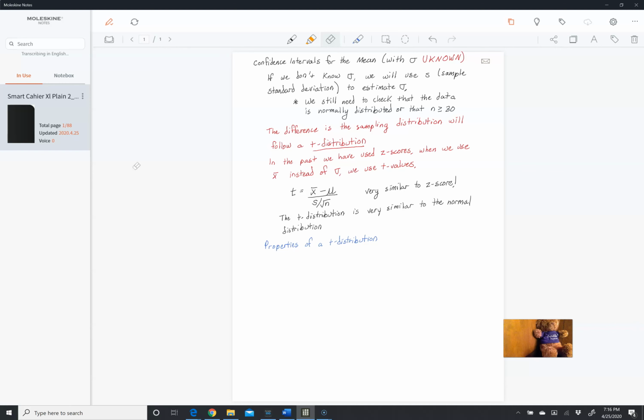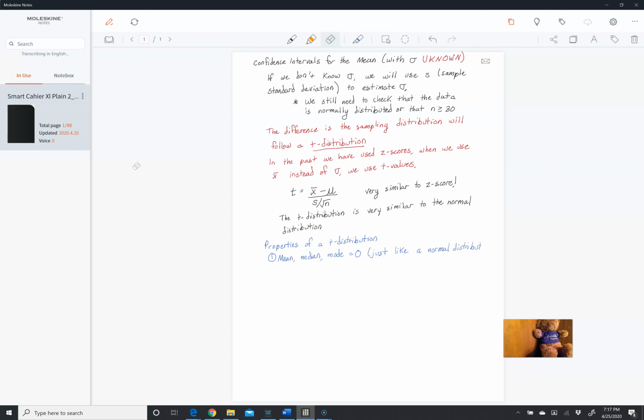So for example, the mean, median, and mode are equal to 0. This is just like a normal distribution. And I'll draw a diagram once we go through all of these properties.